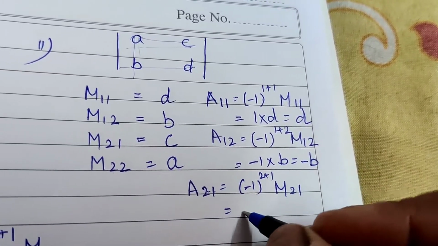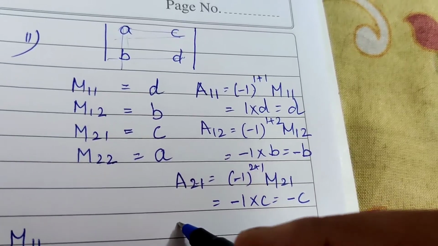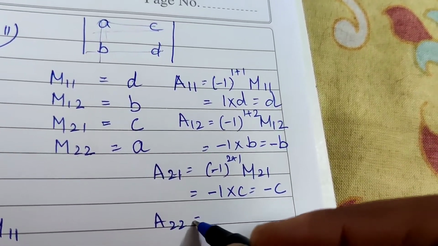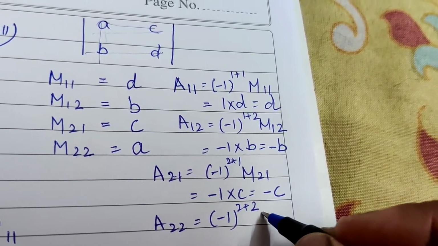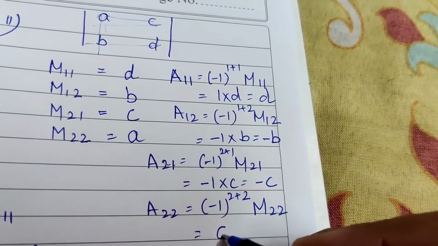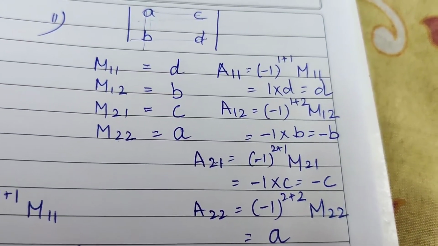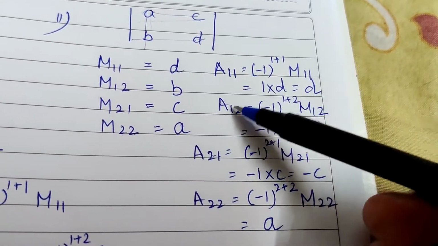Minus 1 raised to power 3 is minus 1 into C, it is minus C. And A22: minus 1 raised to power 2 plus 2 and M22, it is A. These are the minors and the cofactors.